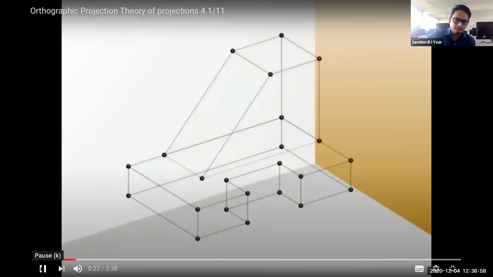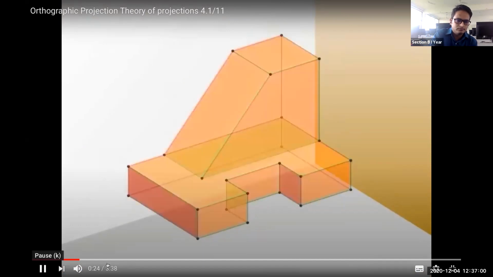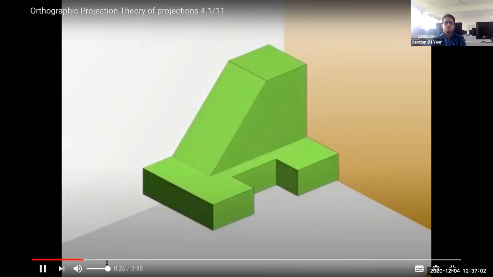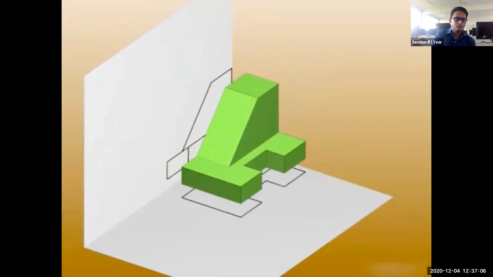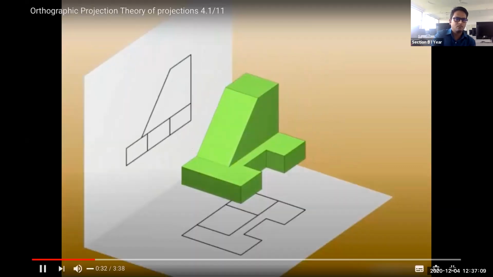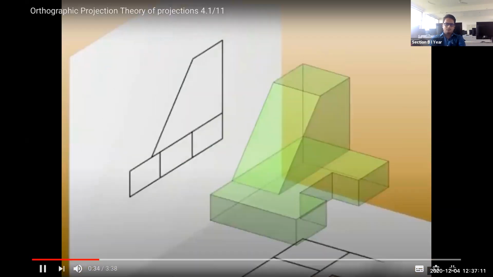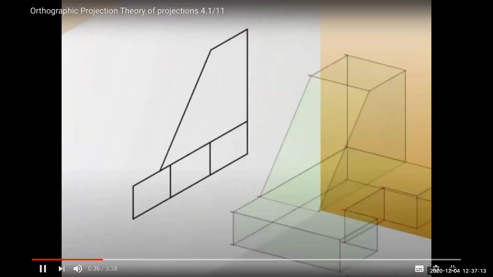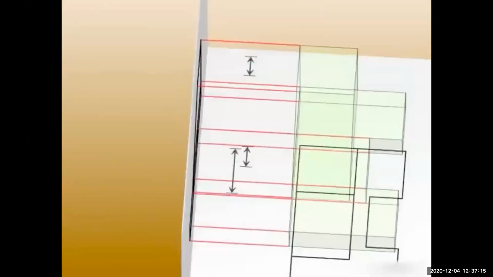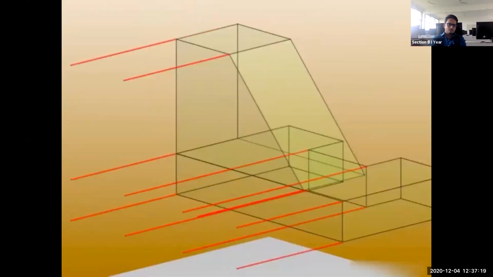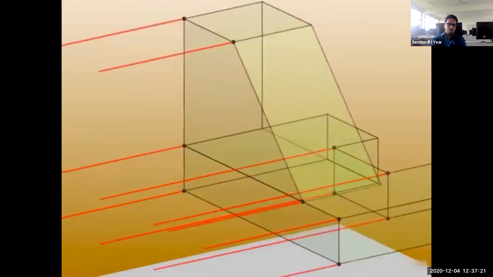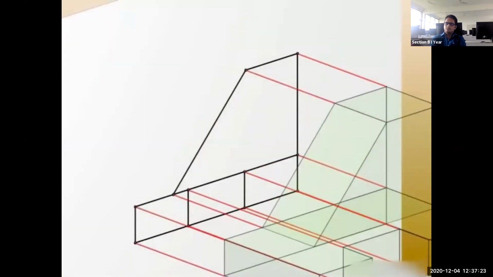elements, points, lines, and planes. Using these elements as tools of drawing, we can project an outline of the object on the paper. We will use orthographic projection, where lines of sight are parallel to each other. These lines emerge from the corner points of the object and strike the projection plane.